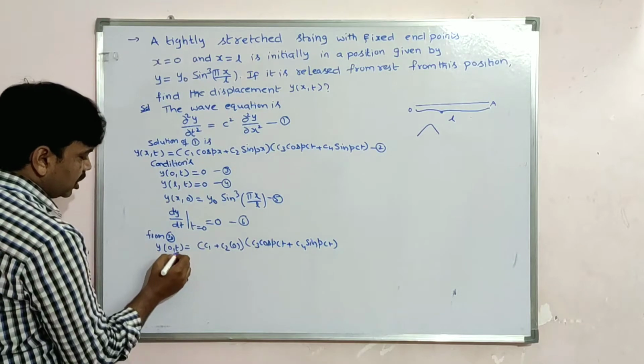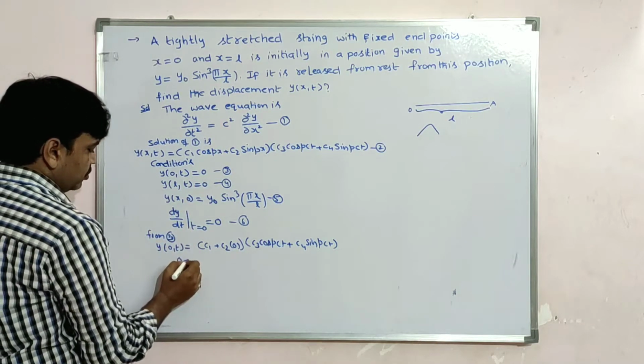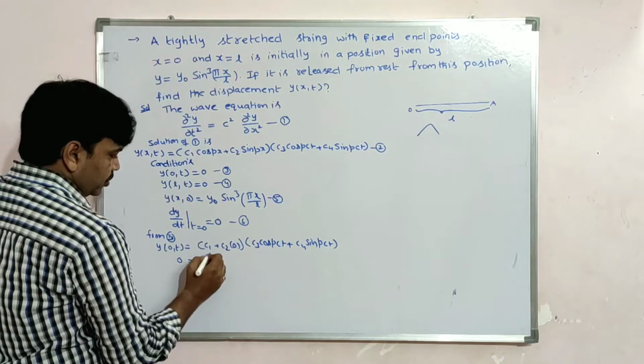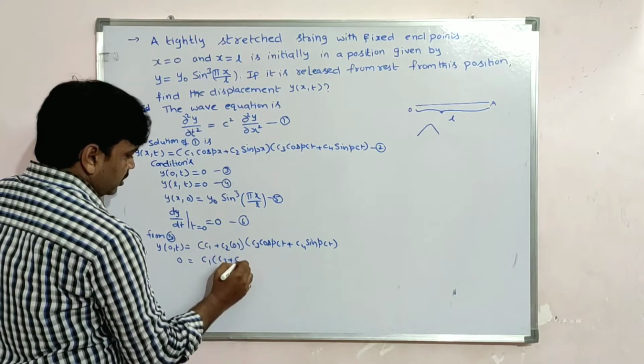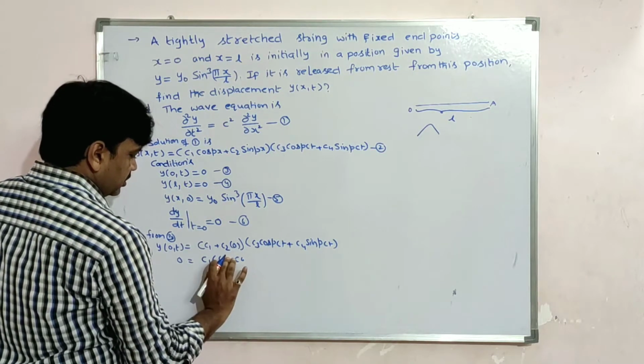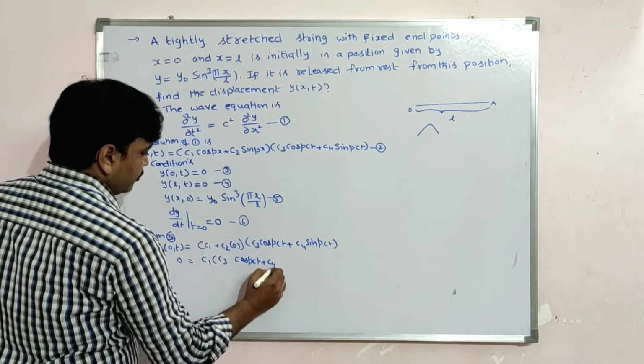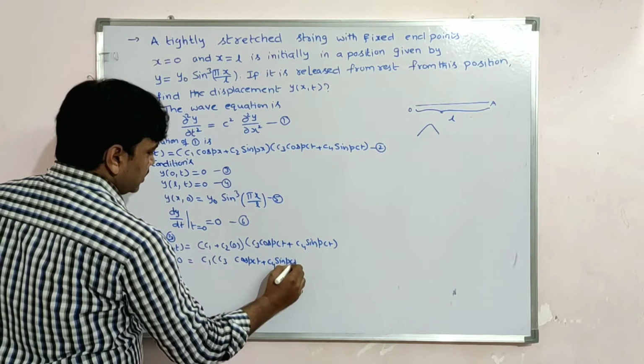If you observe, there is no x term here. So c1 into (c3 cos pct plus c4 sin pct) is equal to 0.